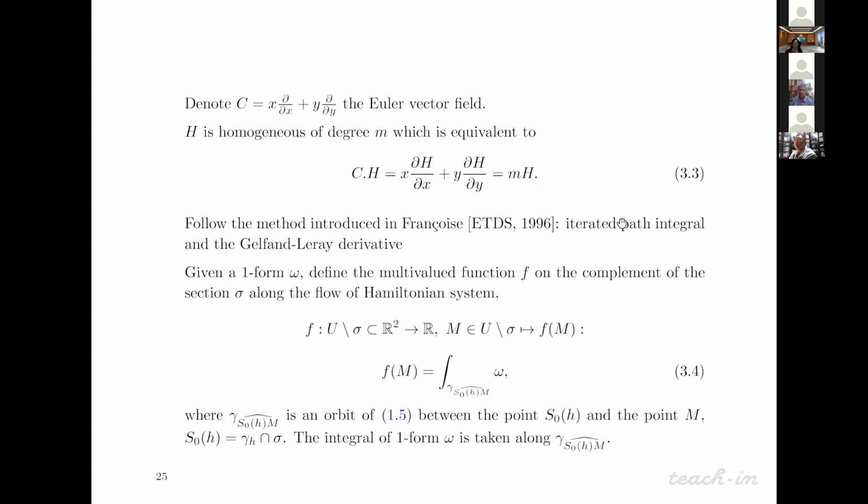And this is the Euler vector field, because H is homogeneous of degree m. Using this Euler vector field, you get this function equal to mH. Following the math, first we can define the Poincaré map and the displacement function.